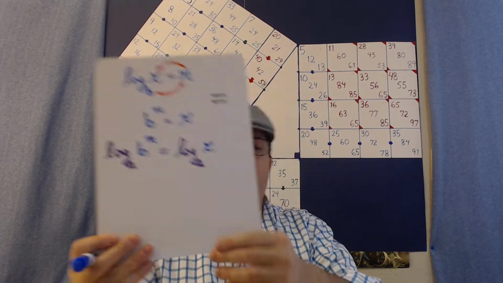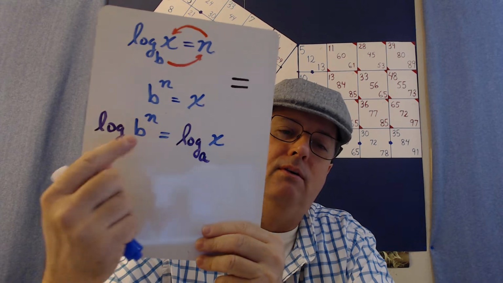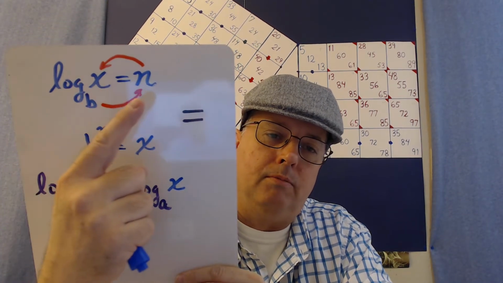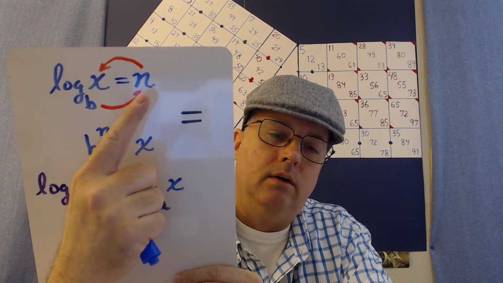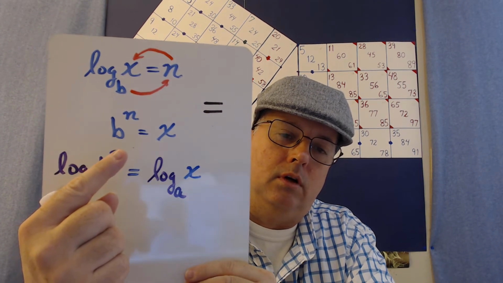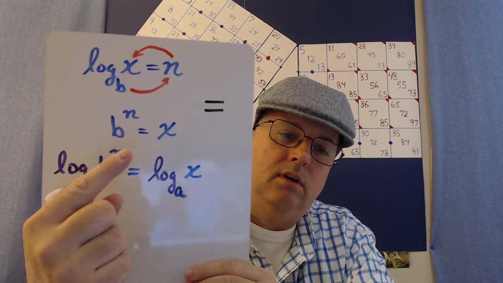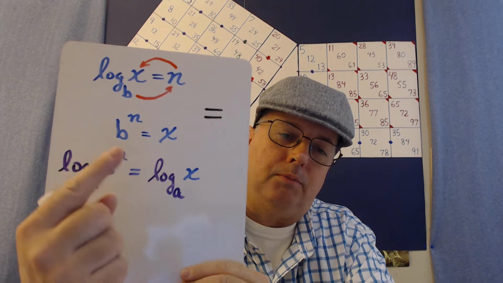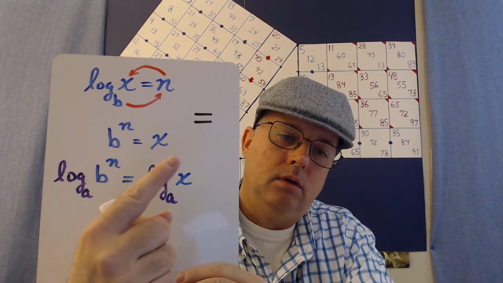Okay, now back to logarithms. We started off with our logarithmic equation here, and we changed it into an exponential equation. And then we took the log of both sides of that exponential equation.